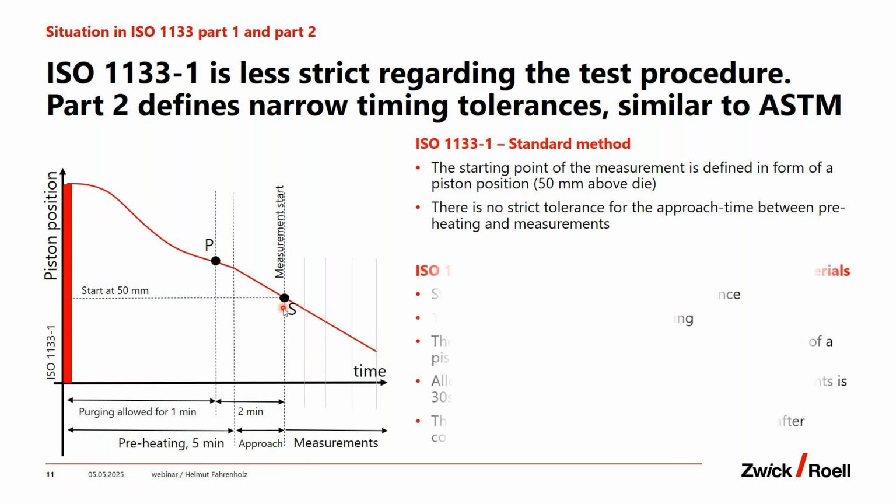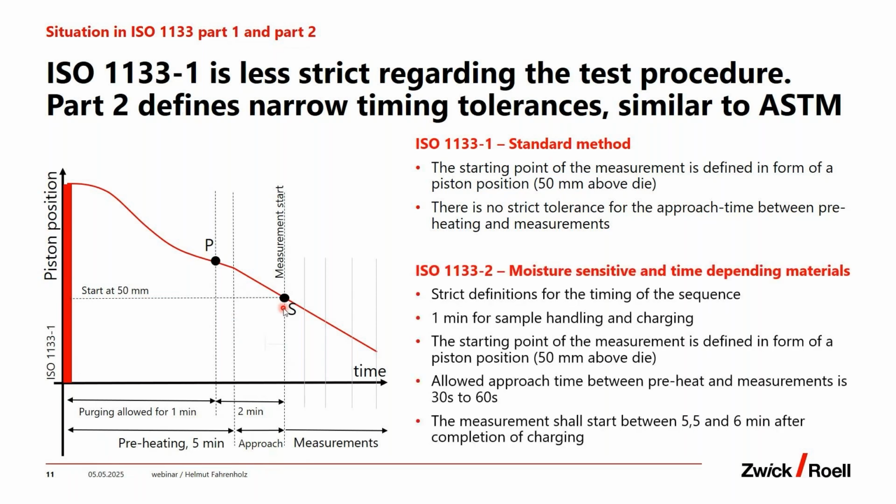And therefore, we have a second part of this ISO 1133 standard, and this addresses moisture-sensitive and time-dependent material. So if you have a risk that this approach time, or the timing, plays a bigger role for your results, or that your material is moisture sensitive, it is strongly recommended to apply part 2 of ISO 1133.